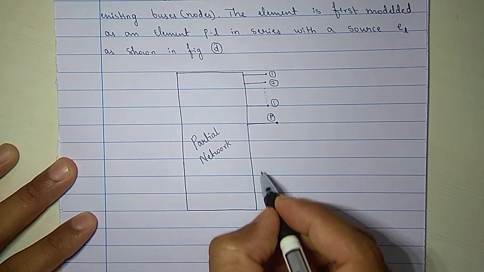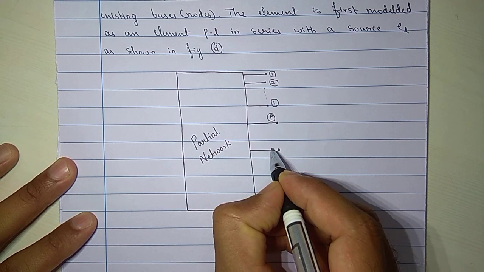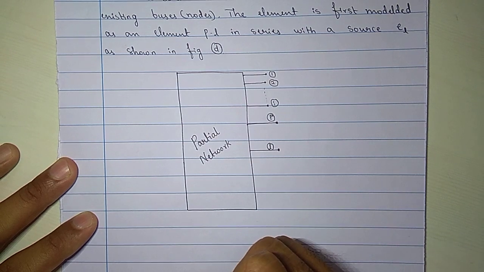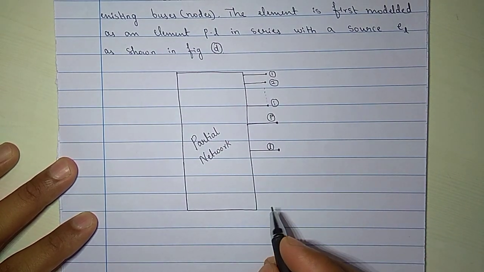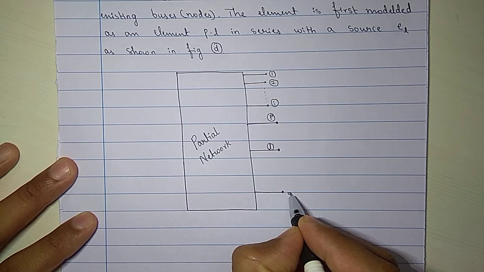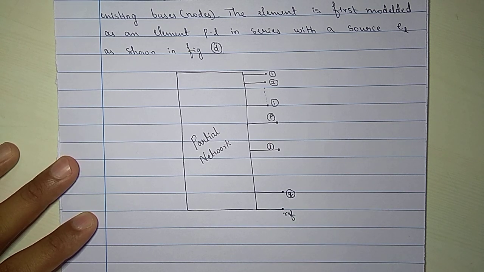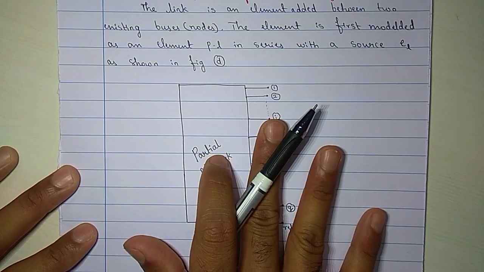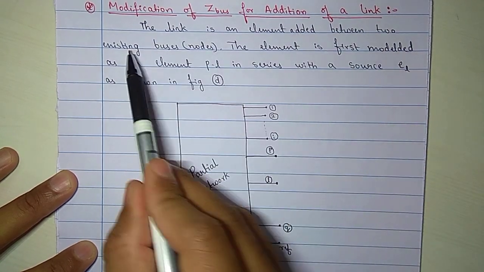And somewhere here, this is an nth bus. Somewhere here I consider one more bus, I'll name this as a qth bus. Also, lastly, I'll refer to this as the reference node. Is that fine? Okay.